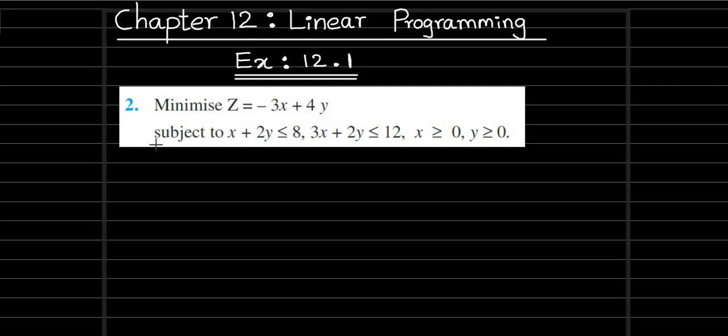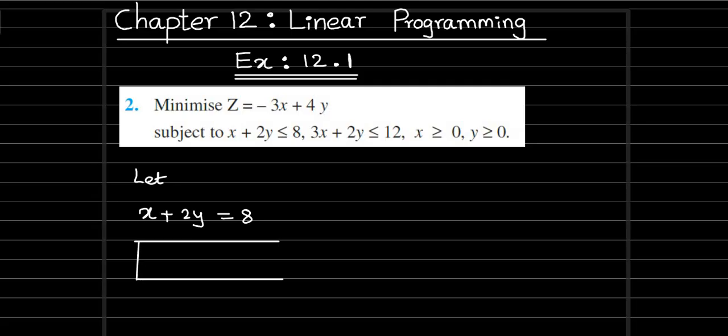To draw the line of this particular inequality, we take the help of the line x plus 2y equal to 8. The given inequality I am going to consider as an equation now to draw the line in the graph. To draw the line we need a minimum of 2 points.